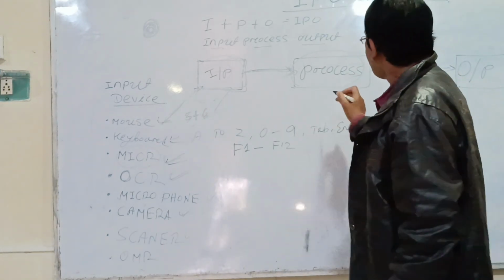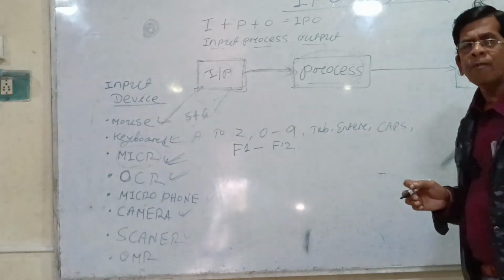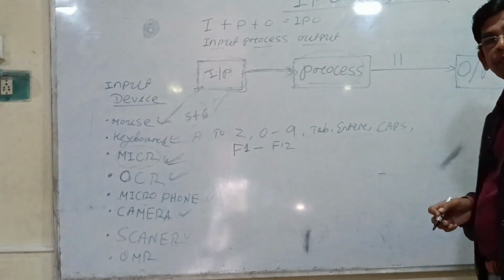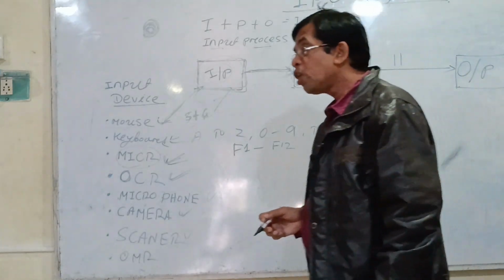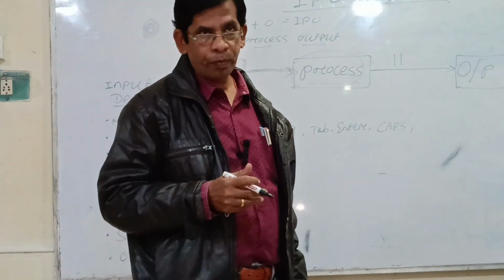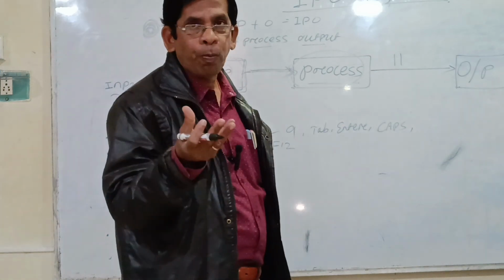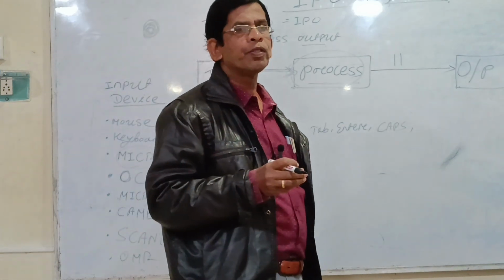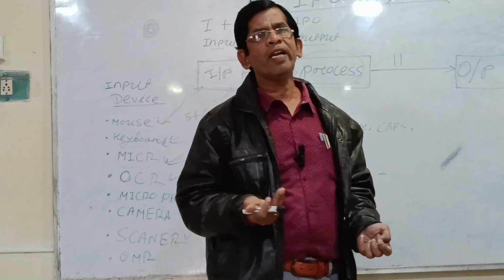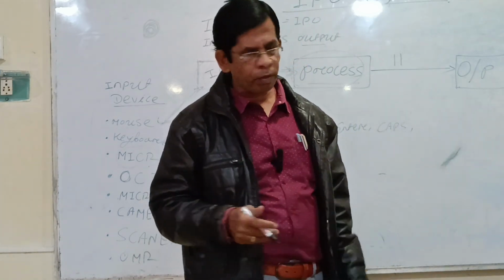After the process, the result is 11. But when the process is completed, we do not know what the result is. When the result is displayed on the output section, then we come to know that the result is 11 or 12 or anything.